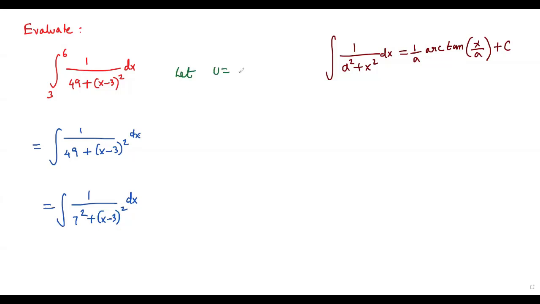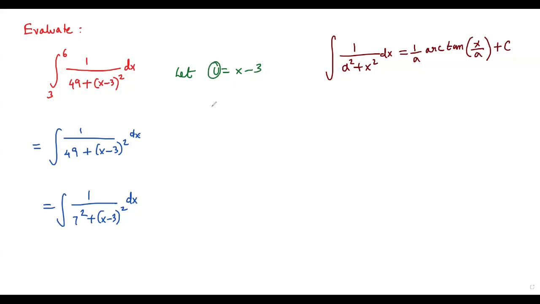So let u equal x minus 3. Since I have substituted a new variable u, I have to get the complete integration in terms of the new variable u. When I do, in the place of dx, I must be getting du. So if I want to get du in the place of dx, what should I do with this u? I have to find the derivative. Actually, we have the original integration in the variable x, so we have to find the derivative on both sides with respect to x.